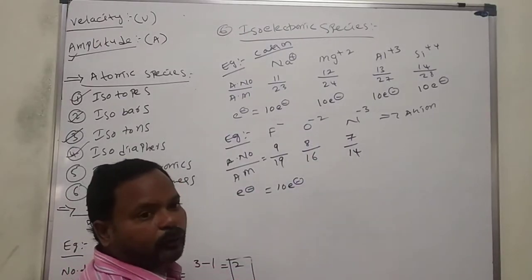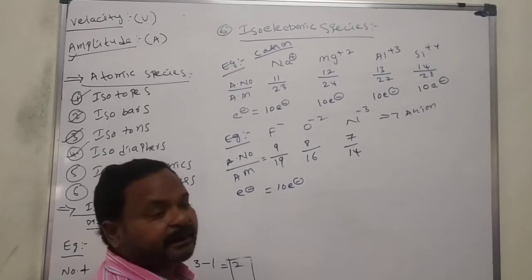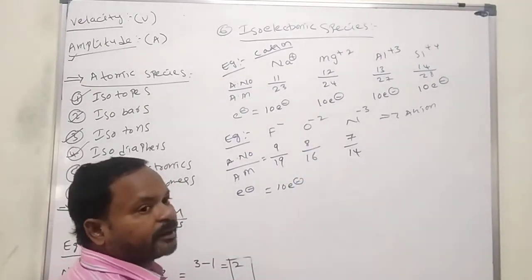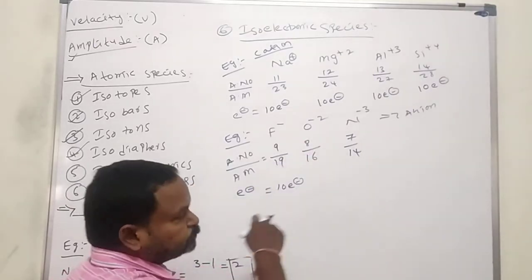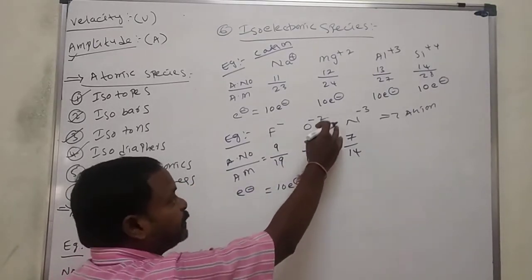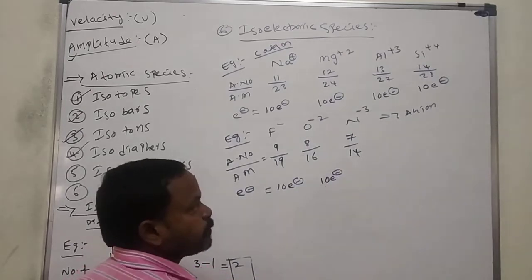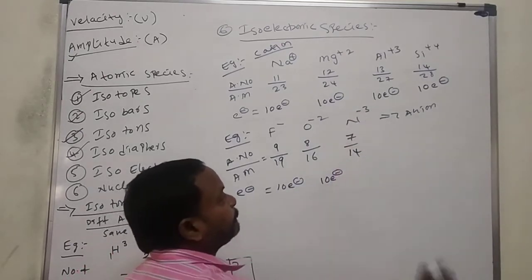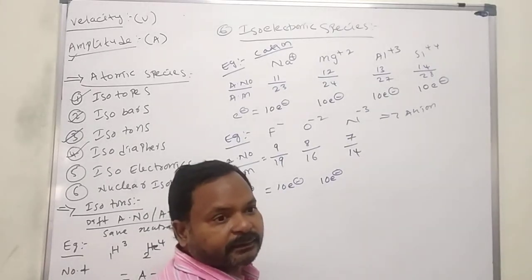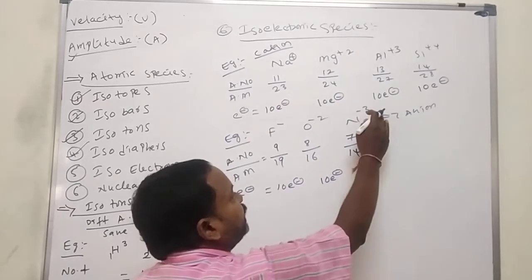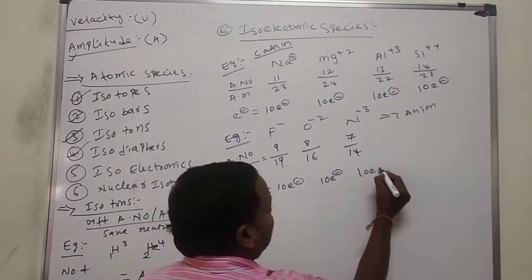O minus 2 means we added 2 electrons: 8 plus 2, 10 electrons. Nitrogen has atomic number 7, so 7 electrons. We add 3 electrons, 7 plus 3, 10 electrons.